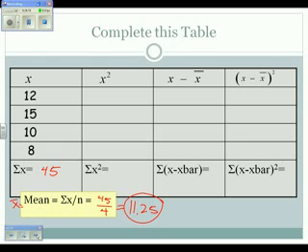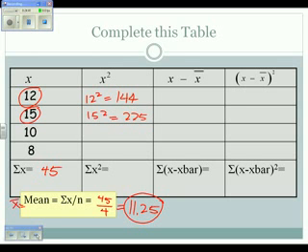And then we need a column for all of the x squared values. So what that means is I'm going to take this value and I'm going to square it. So this is 12 squared. That equals 144. And then 15 squared, 225.